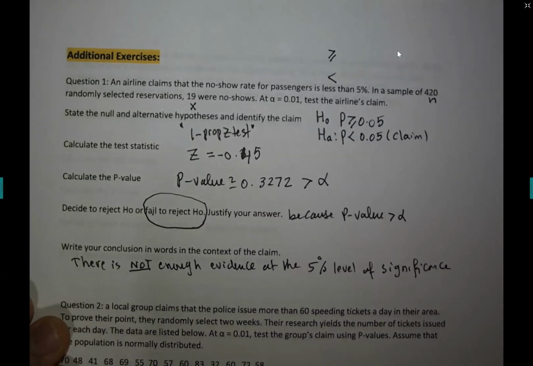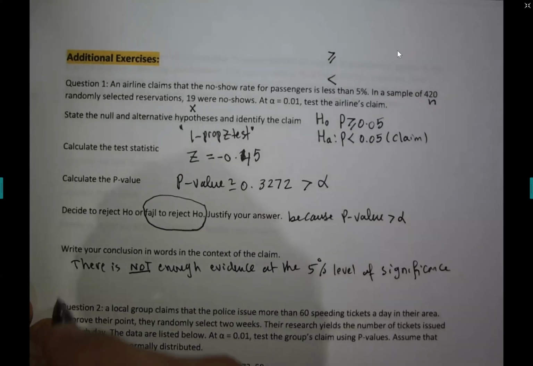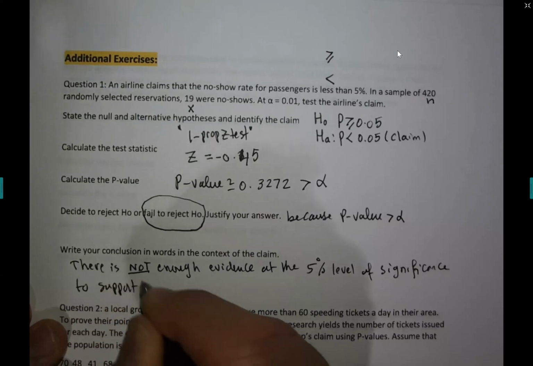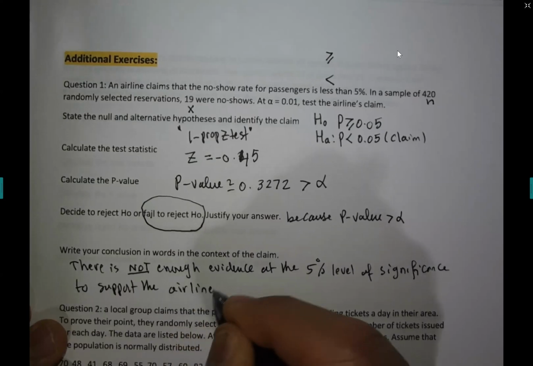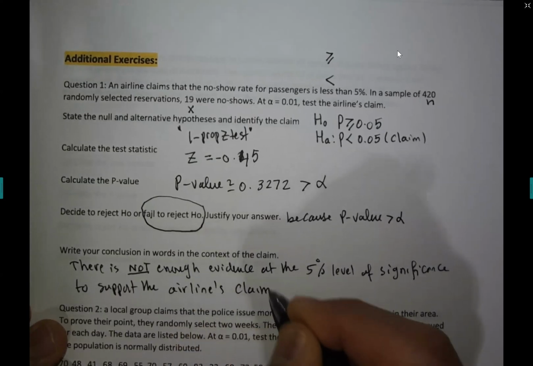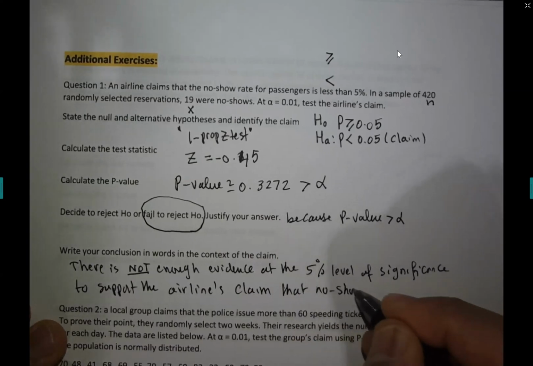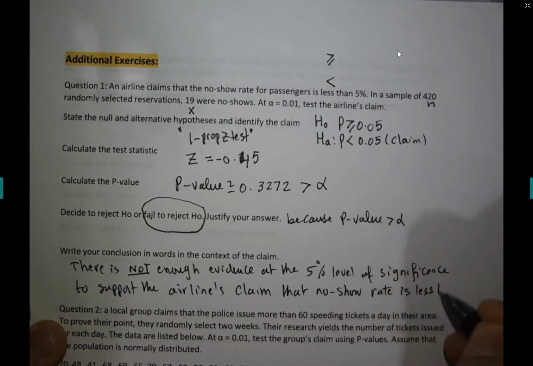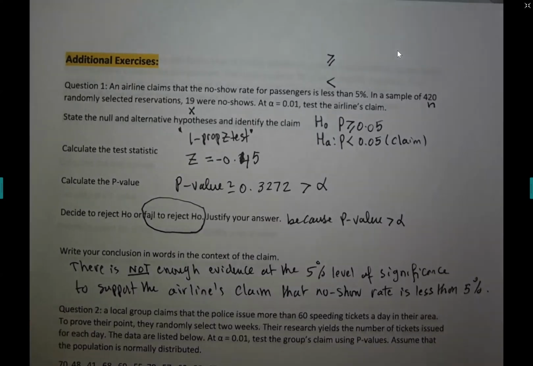It's called type 1 error, the probability of making type 1 error. There is not enough evidence at the 5% level of significance to support the airline's claim that the no-show rate is less than 5%. That's it.